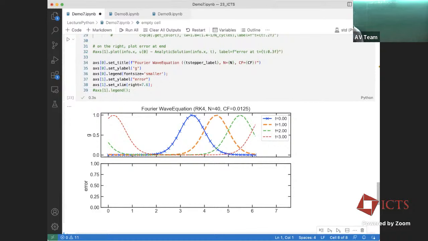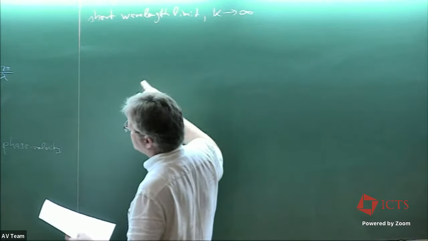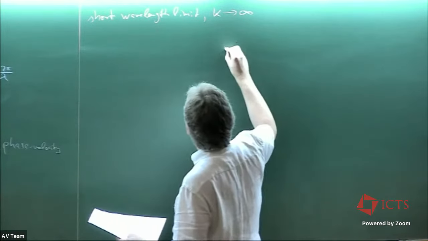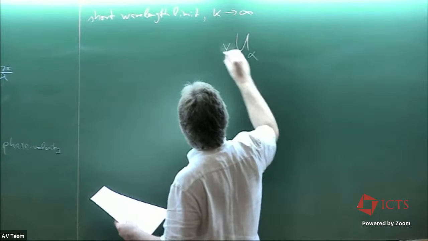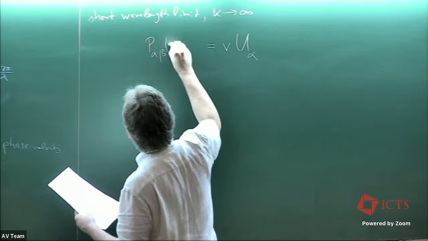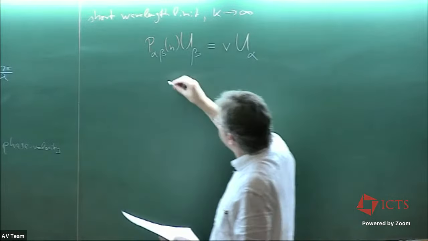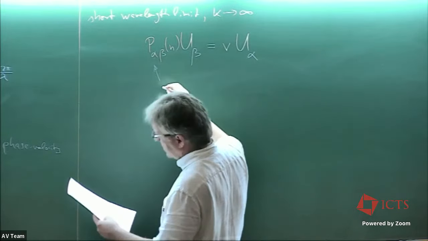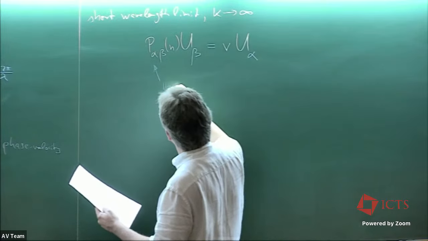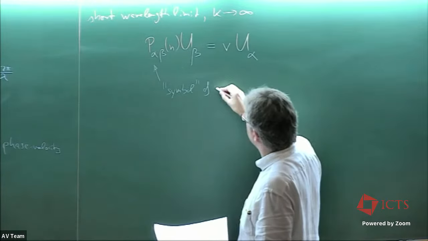And what is left are only these two terms here, where I have forgotten the minus sign. And so moving the V U alpha to the right-hand side, we have on the left-hand side a matrix P alpha beta of n multiplying U beta. And this P alpha beta is called the symbol of the equation.